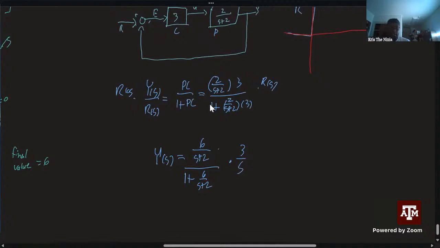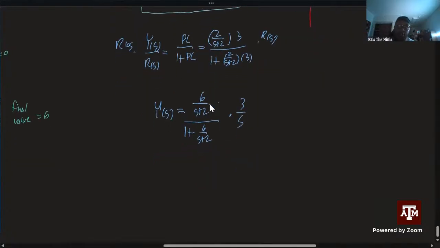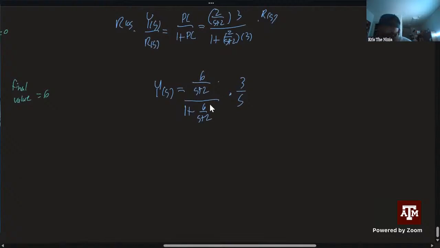Now to get the final value theorem, we go back to our basics. Not really basics, but it's complex algebra that simplifies down to something kind of basic.